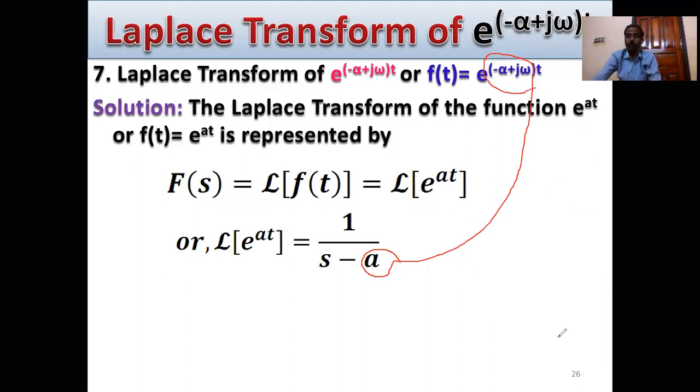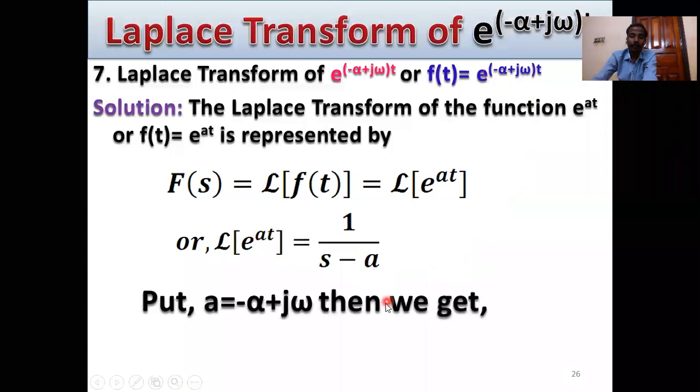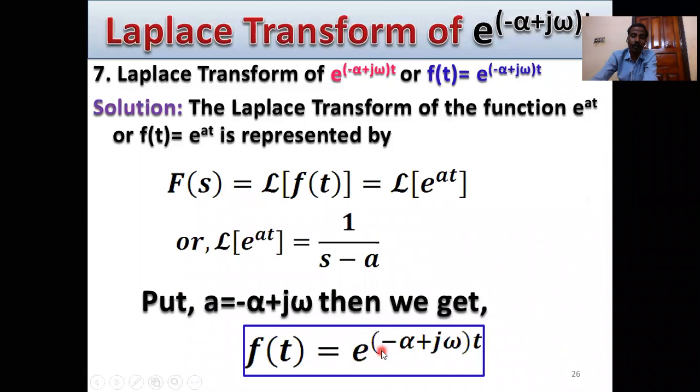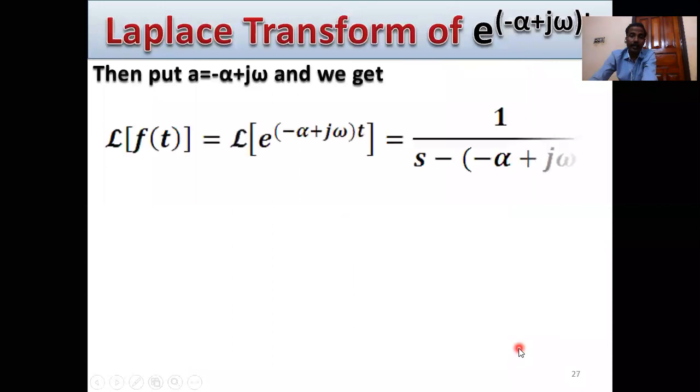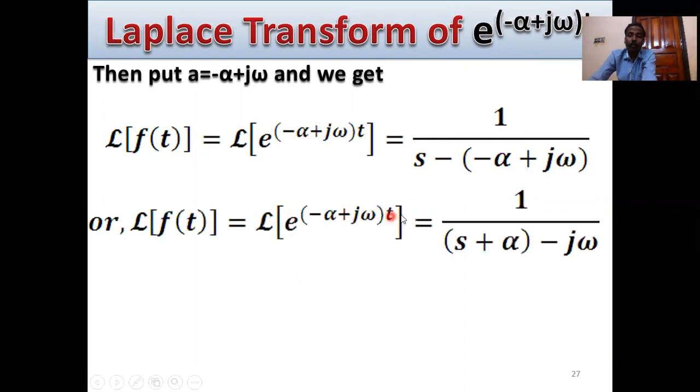Put here a equals minus alpha plus j omega, then we get e to the power minus alpha plus j omega whole into t, and this is equivalent to 1 by s minus a, that is 1 by s plus alpha minus j omega.